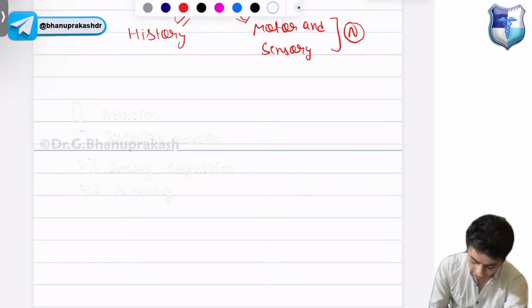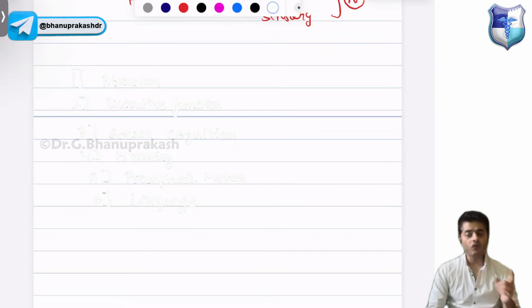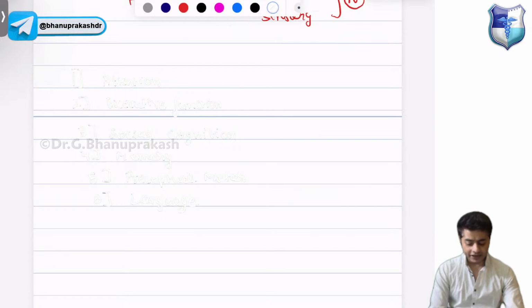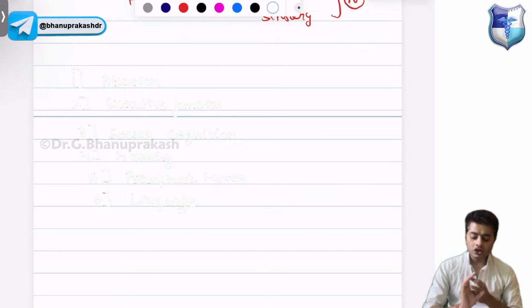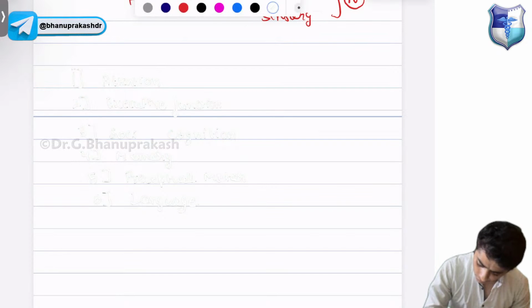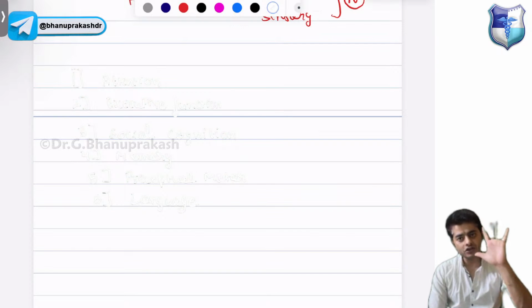Fifth is your perceptual motor. And last but not the least is your language. So we have six cognitive functions.